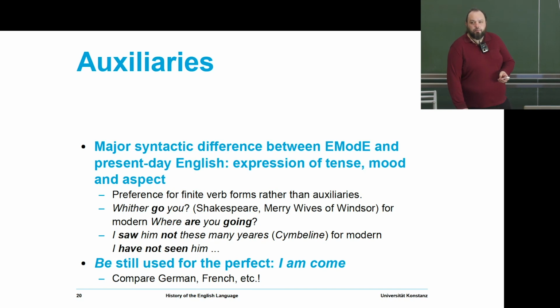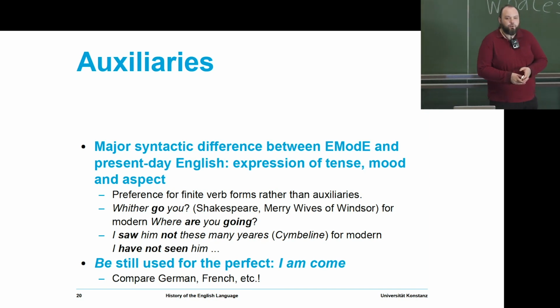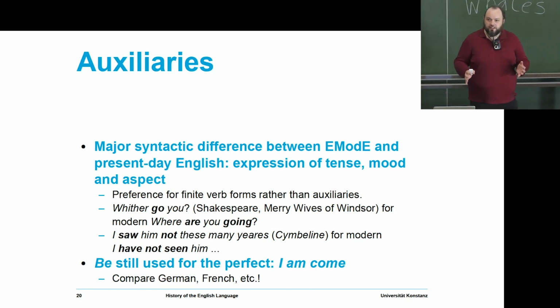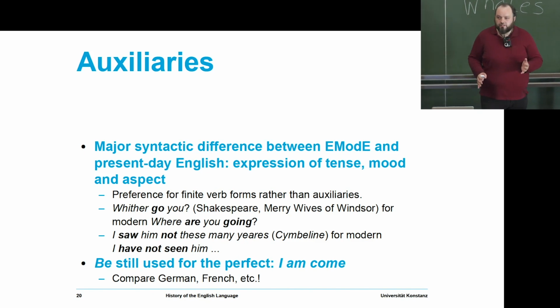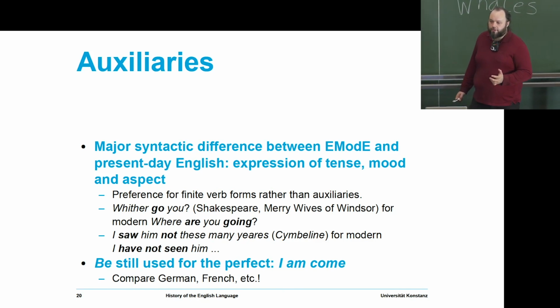And this, again, parallels something that you see in other European languages, such as French and German. In French, you've got a distinction between avoir and être, according to how you form your perfect. In German, you've got haben and sein. Ich bin gekommen, and not ich habe gekommen. And this used to exist in the early modern period, but now it's gone.